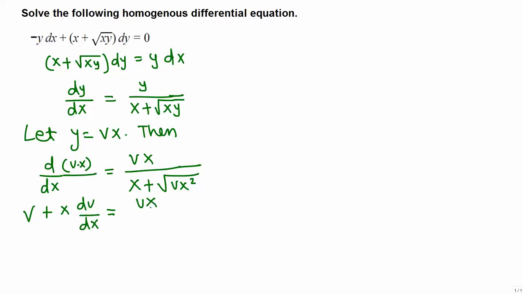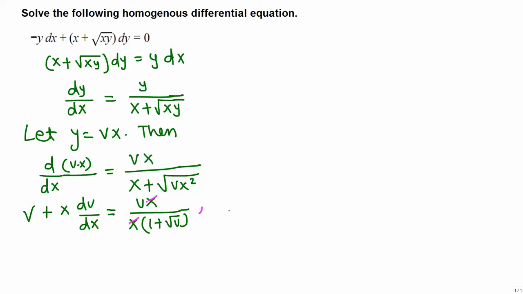So v times derivative of x, 1, plus x times derivative of v, x dv over dx, is equal to, on the top we have vx, on the bottom when we take square root of x squared, and let's say x is positive, then x comes outside, we can factor x out, 1 plus root v. Okay, then x cancel. We have assumed x is positive in this case.